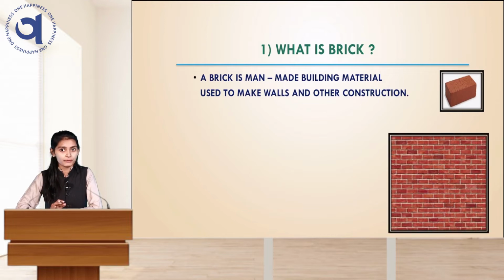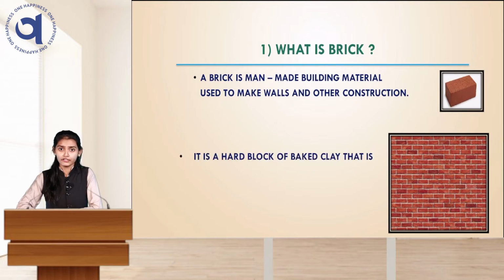Here you can see the picture of walls and other construction. Construction means bridge, wall, temple, school, etc. Now second definition of brick, that is, it is a hard block of baked clay. It means it is made with baked clay that is used for building houses, etc.